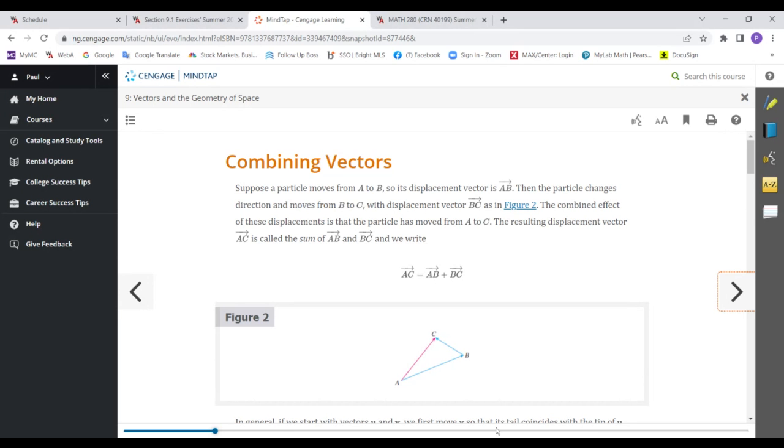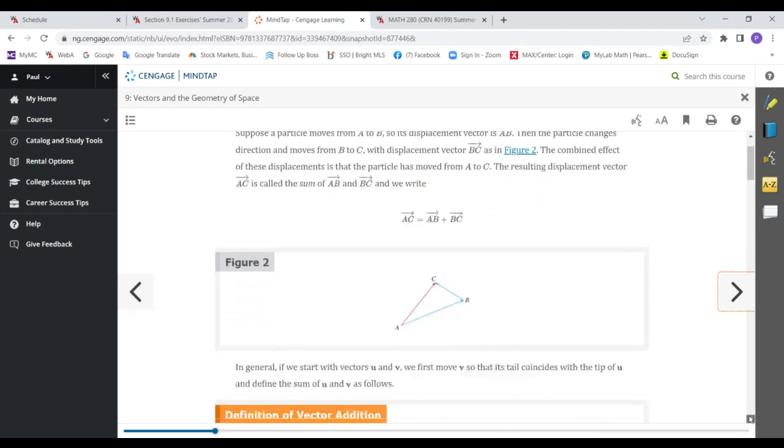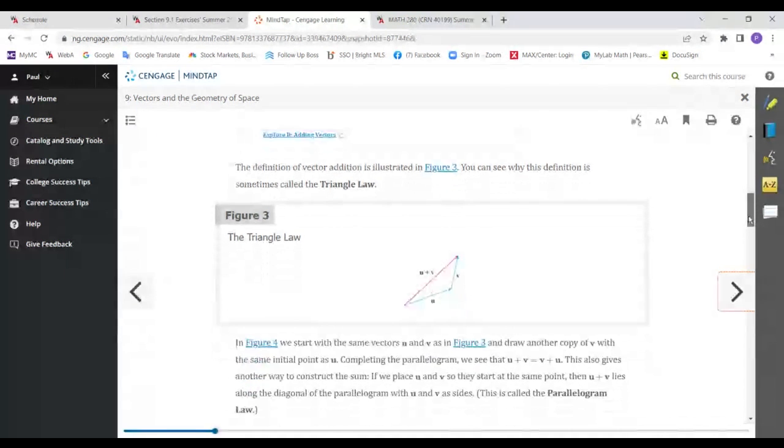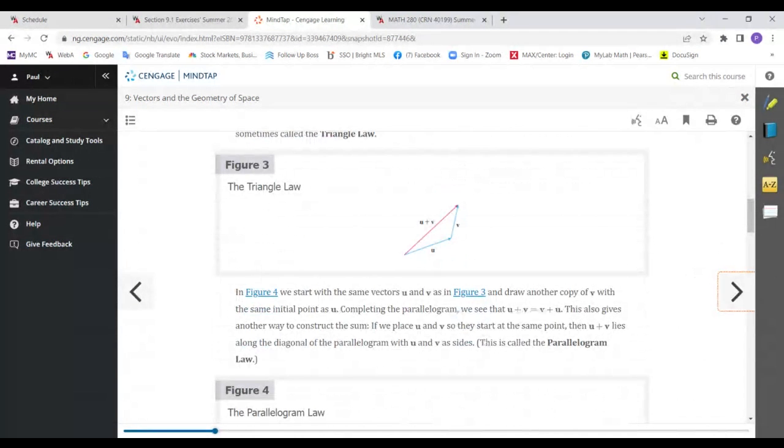Here is the definition of vector addition. If u and v are vectors positioned so the initial point of v is the terminal point of u, then the sum u plus v is defined. You can represent the sum of vectors very nicely with the triangle law.